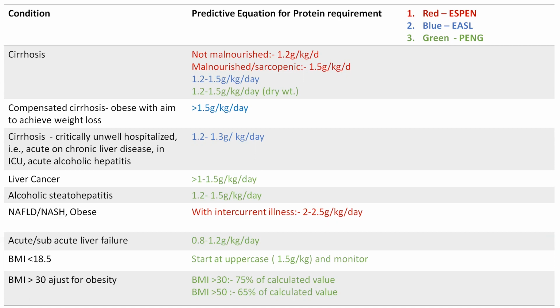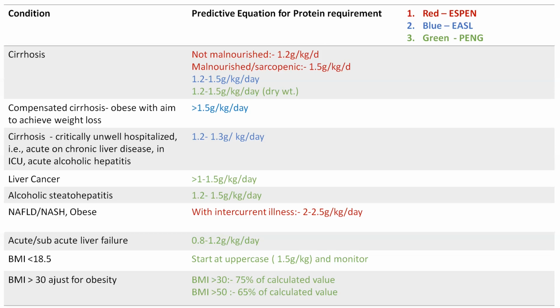But SPEN and EASL are not talking about the dry weight, so we will focus on PENS. PENS has described the dry weight. A cirrhosis patient needs 1 to 1.5 grams protein per kg of dry weight.